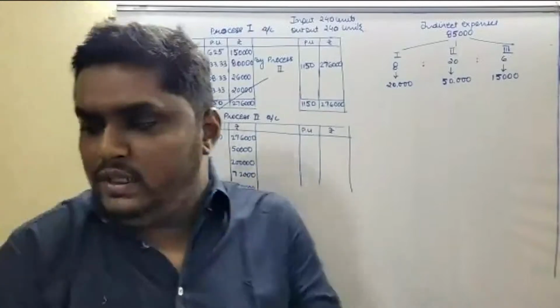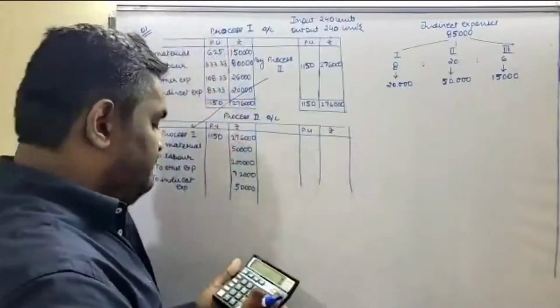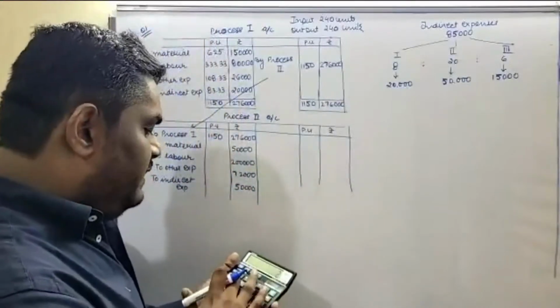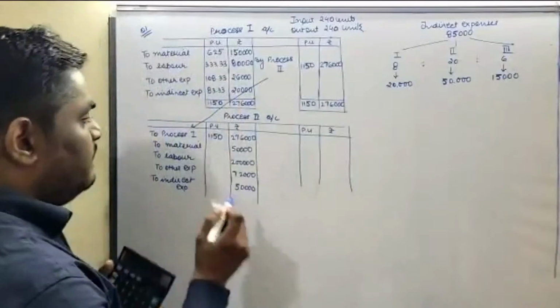Now let's calculate the per unit cost. So 50,000 divided by 240.